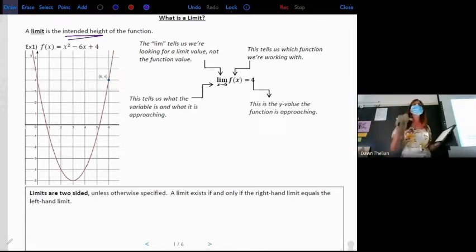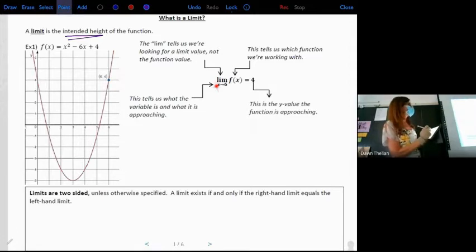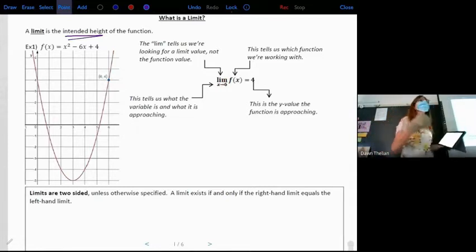So special notation comes up when you're being asked a limit question. If you focus in over here, this is an example of a limit. You see literally the letters LIM, the abbreviation for limit, and that's what's telling you that the problem is asking for a limit. It's not just asking you what's the y value, it's asking you what's the limit.